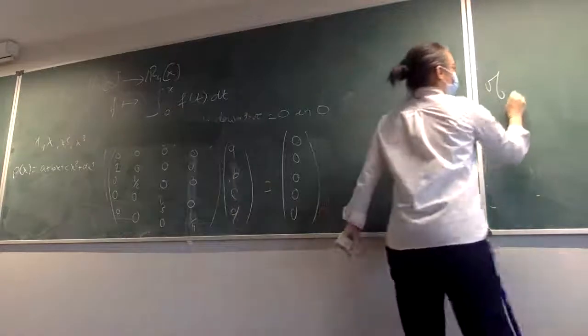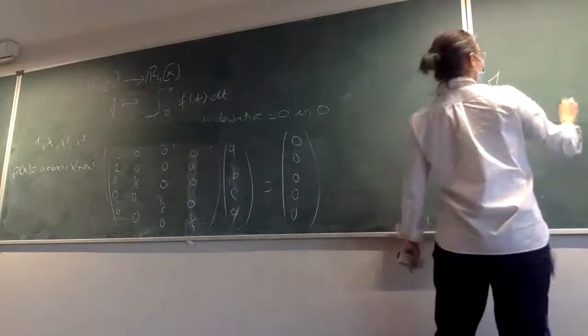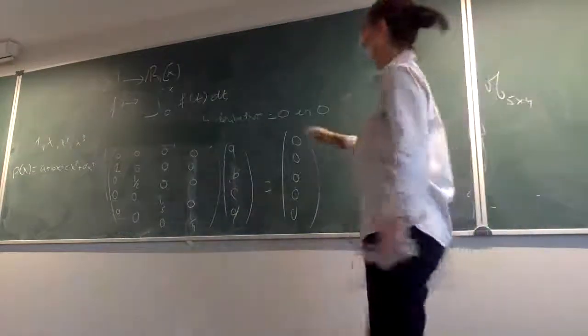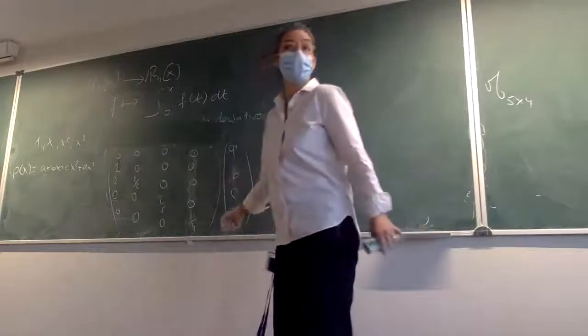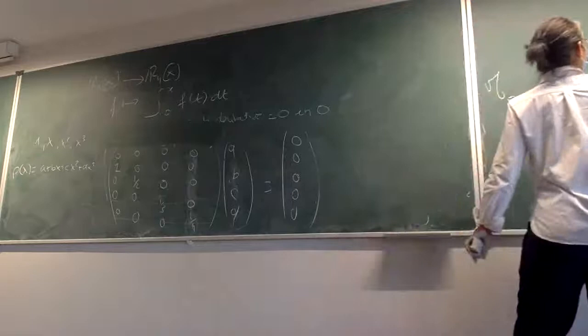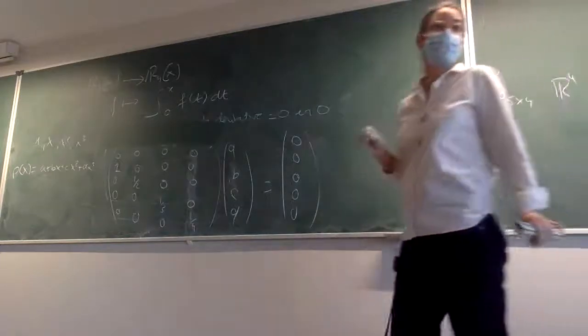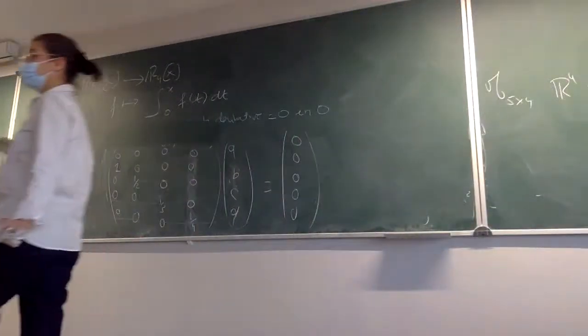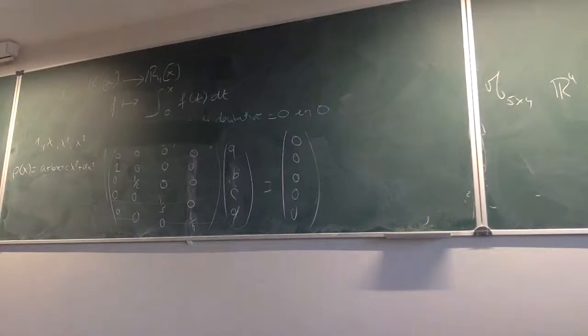So that is going to be working on elements of R4 and give you an element of R5. The matrix has 5 rows, but D is the 4th letter, so how does that work?